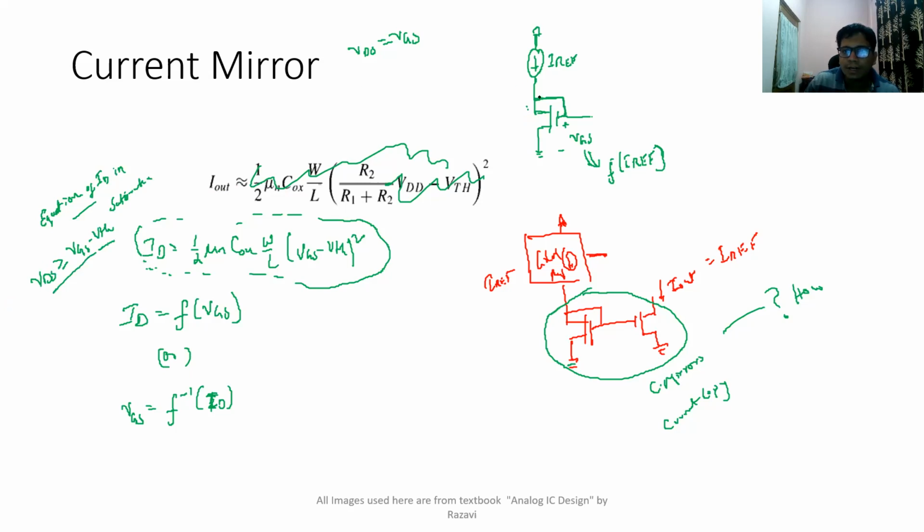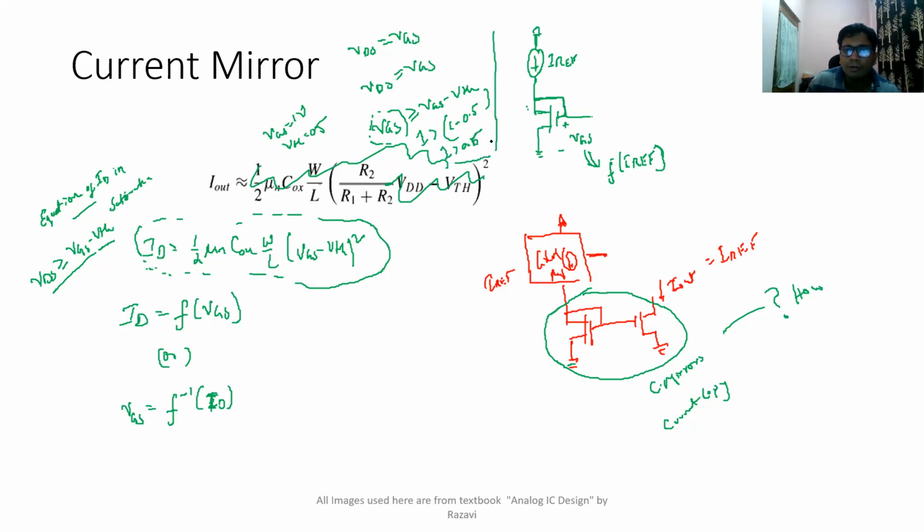Once you connect the drain and source, your VDS will be equal to VGS, so VDS is greater than or equal to VGS minus VTH. It is obvious, right? Let us say VGS is equal to 1 volt and VTH is equal to 0.5. So you have 1 greater than 1 minus 0.5, which is 1 greater than 0.5. Is it true or not?